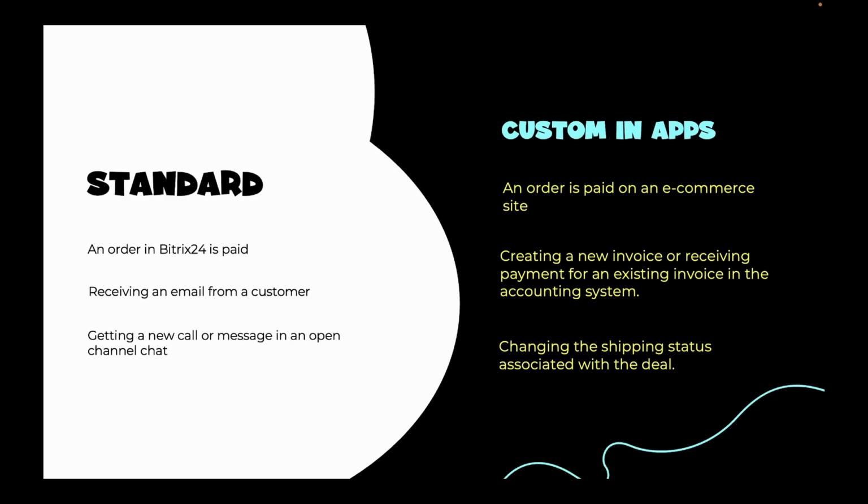In applications, you can create similar custom triggers. Some examples include an order is being paid on an e-commerce site, creating a new invoice, or receiving payment for an existing invoice in an accounting system, changing the shipping status associated with the deal, and more.